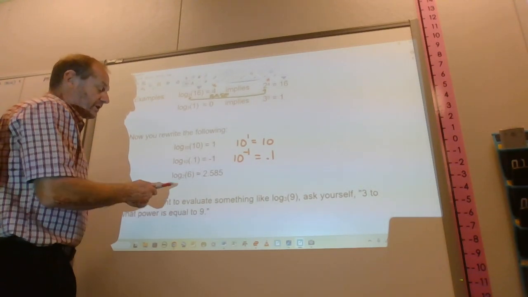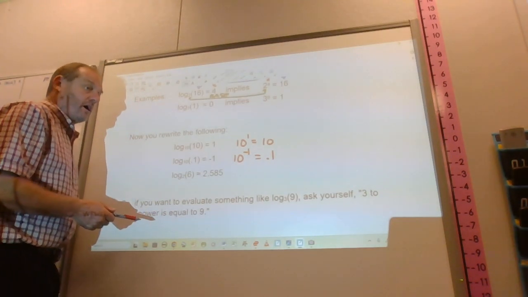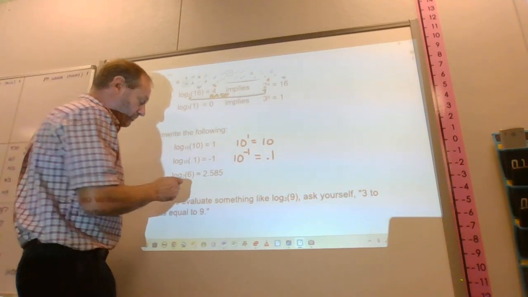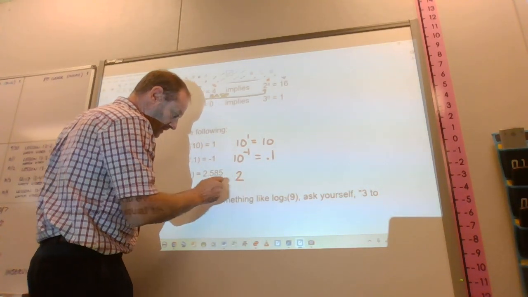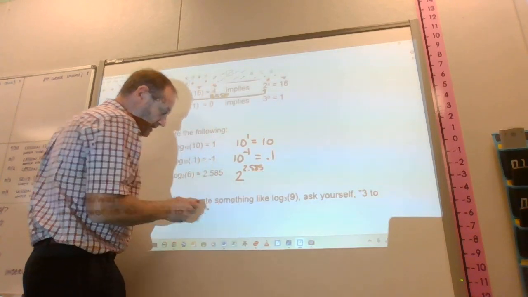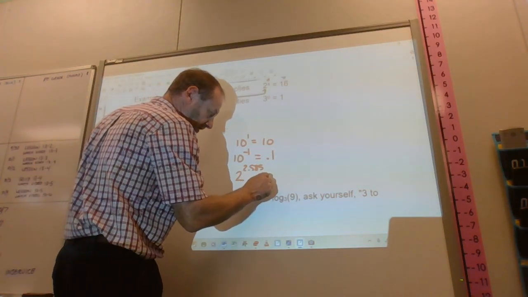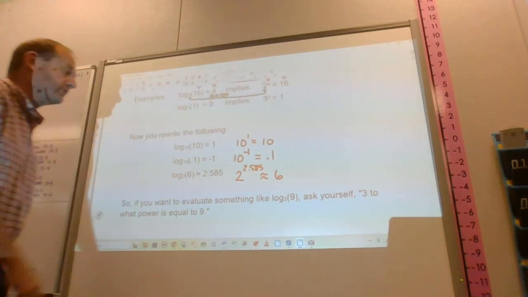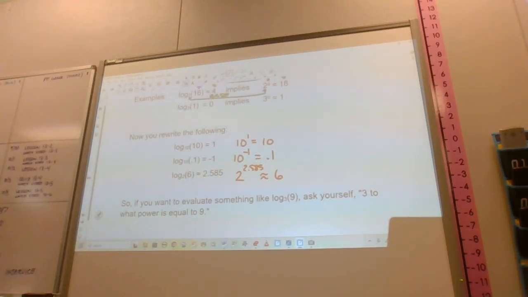So back to our original question, hey, 2 to what power equals 6? Well, there's my base. There's my exponent. And notice it's approximately equal to because this is an irrational number. There you go. 2 to the 2.585 power is 6.